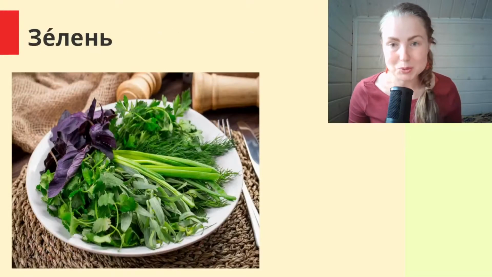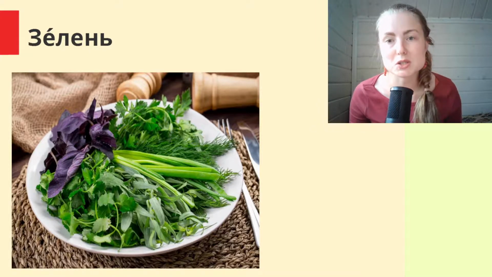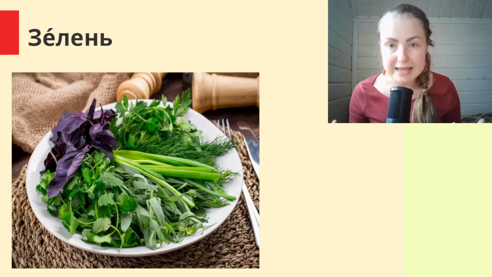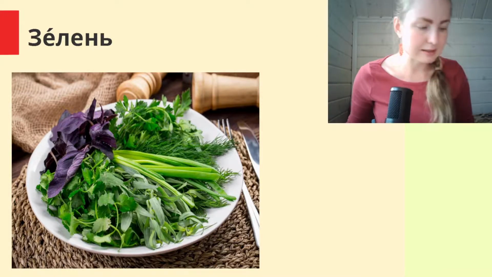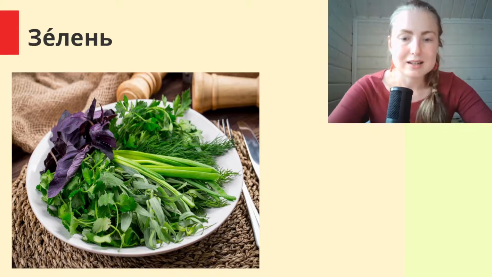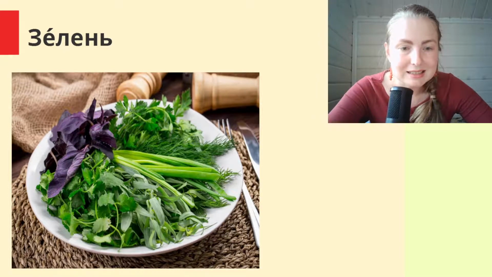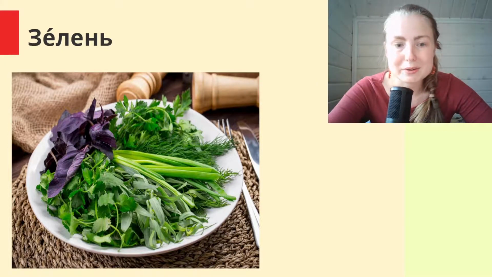Next word is a very interesting word. I think it's not very popular in the English language, but in Russian it's very popular. We call it zelen. What does this mean? Zelen is all greens or greenery.